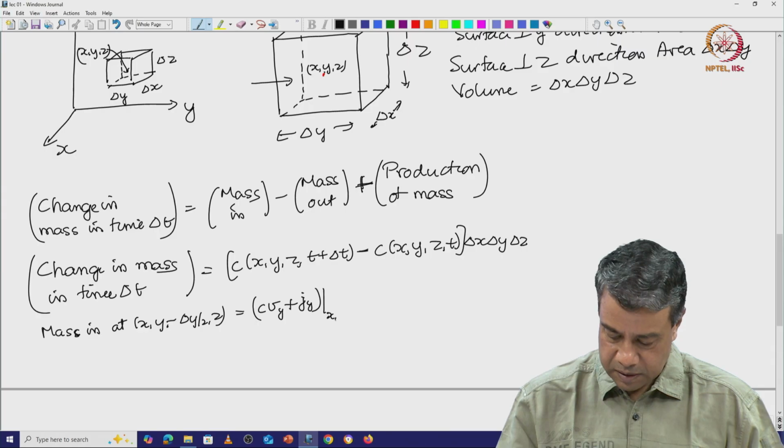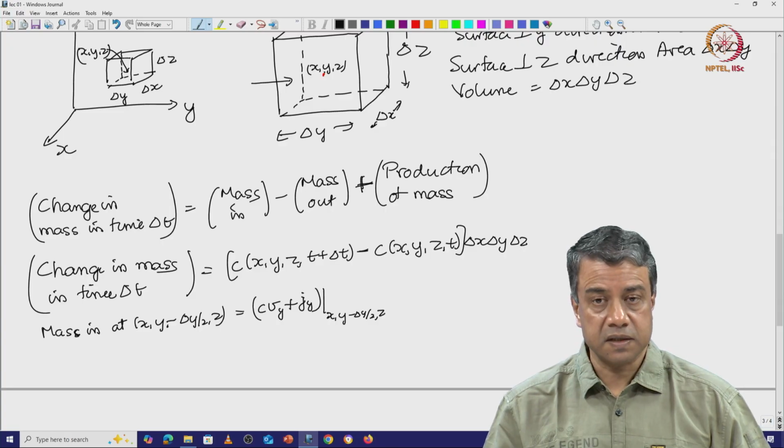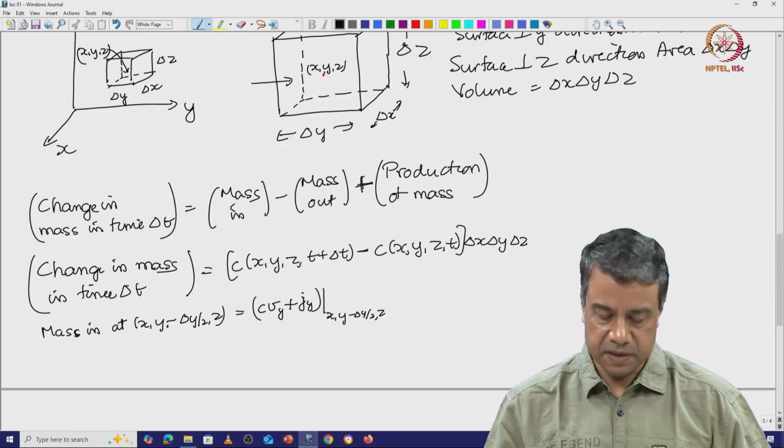At x, y minus delta y by 2, comma z. That is the flux. Mass in is flux times area times time.